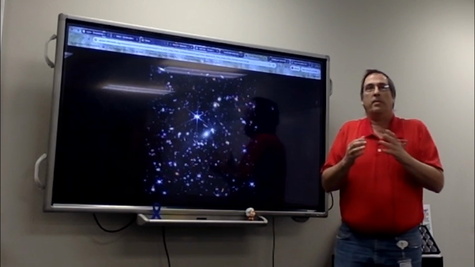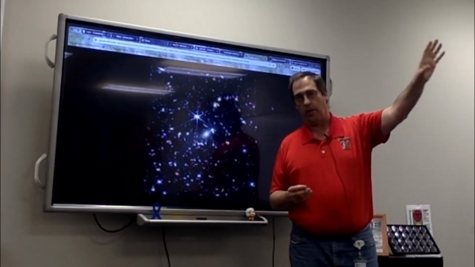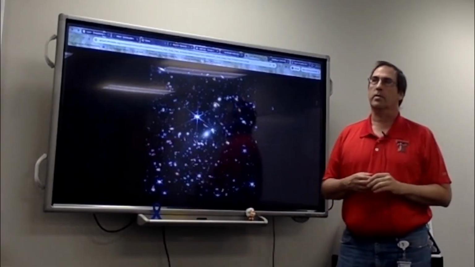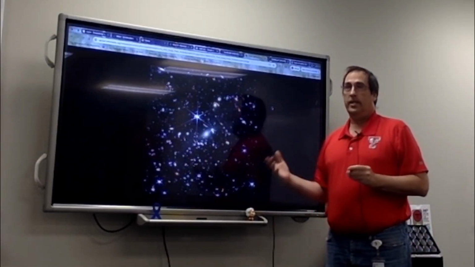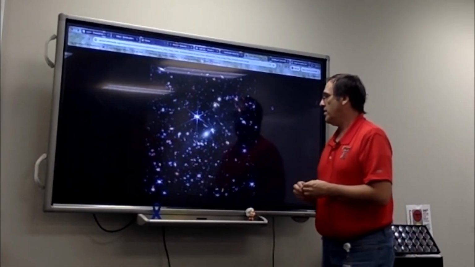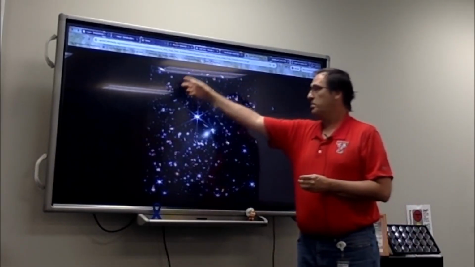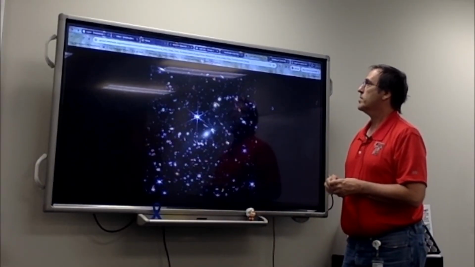They didn't aim it at an area where we know something is, or there's a star here, or a planet here, or a known galaxy. They aimed it at what would appear to the naked eye to be blank nothingness. And this is the picture that they got. It's been described as one of the most important pictures in NASA.